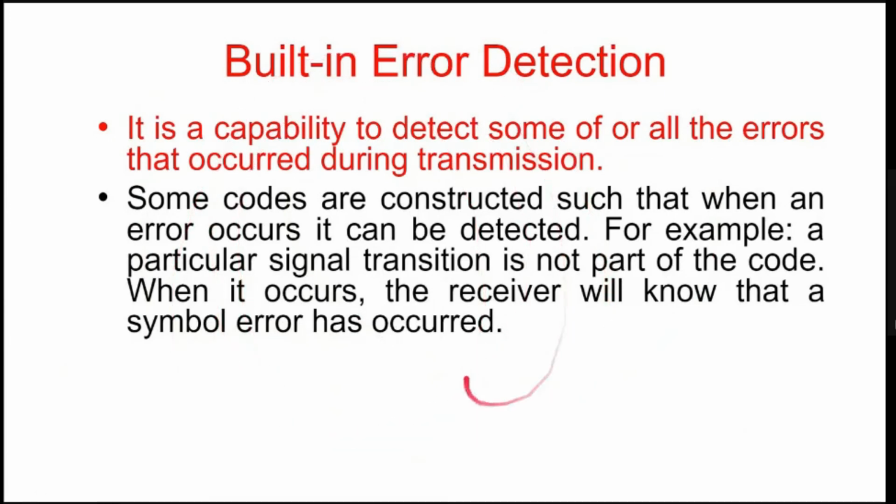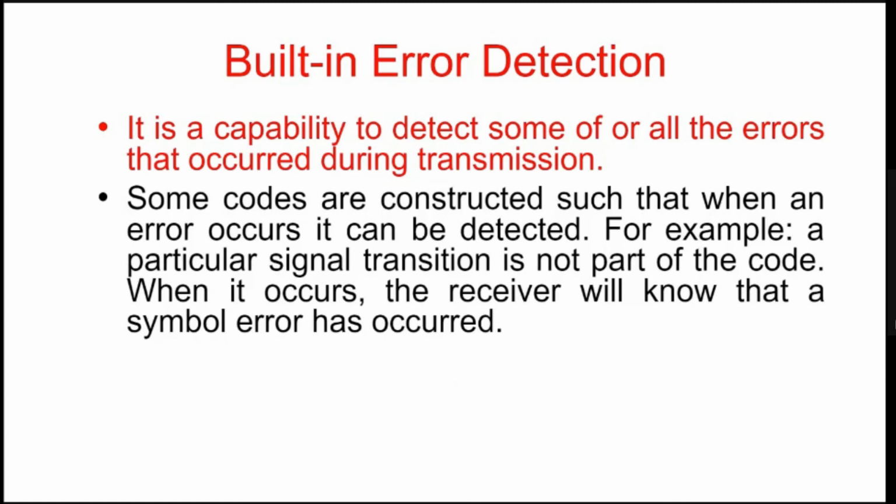So another one here, the terminology built-in error detection. Sir, what is built-in? Built-in means already fixed, it's automatic, right? So built-in error detection is used to detect errors while the data is transmitted from source to destination. It is a capability to detect some or all of the errors that occurred during transmission.